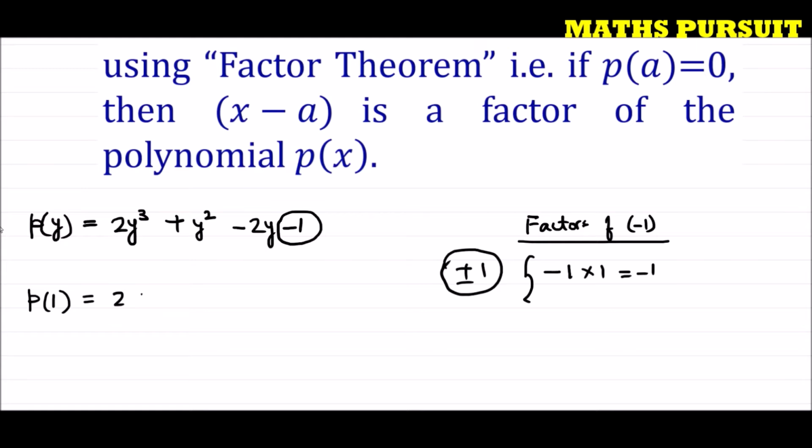So p(1) = 2 into 1^3 + 1 into 1^2 - 2 into 1 - 1.